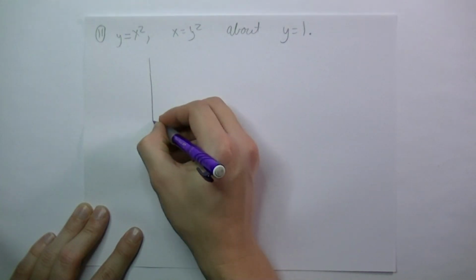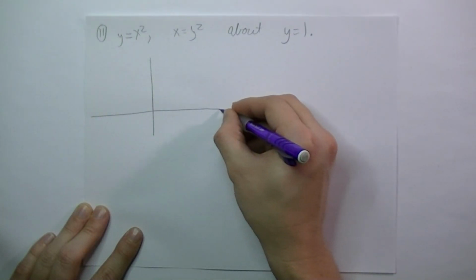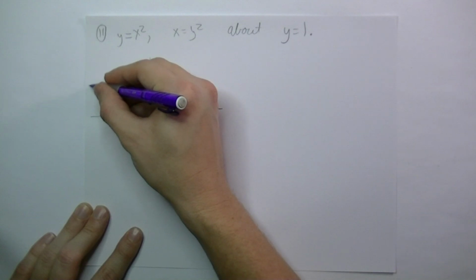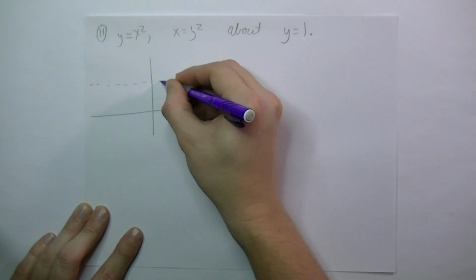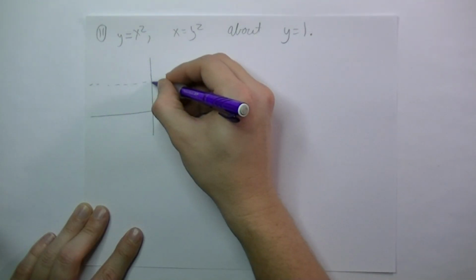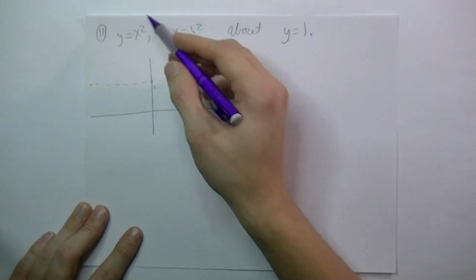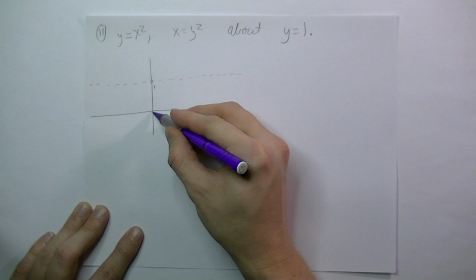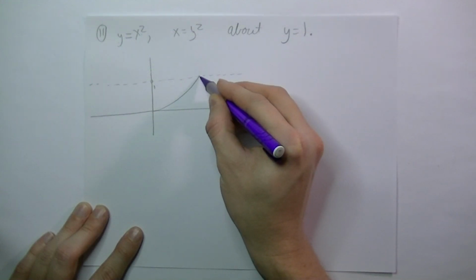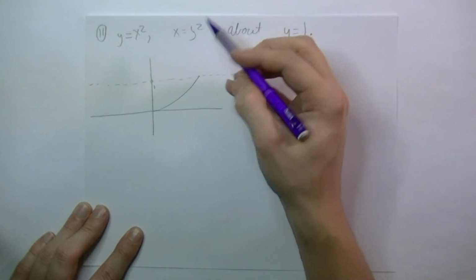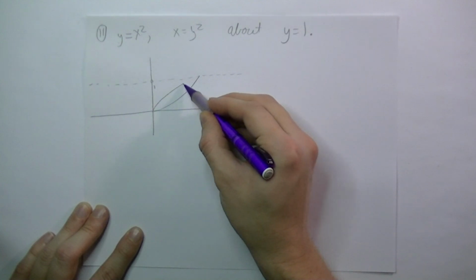So let's start with our graph. The line y equals 1 is going to be a horizontal line that crosses the y-axis at 1. So y equals x squared, that's an easy one, that's a parabola, and x equals y squared, that's a sideways parabola.